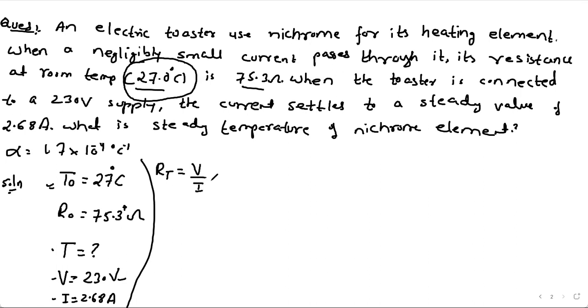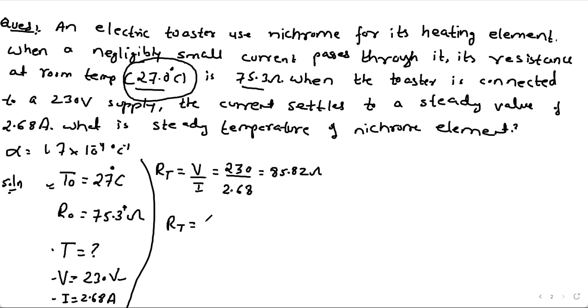V is 230, I is 2.68. So 230 divided by 2.68 is around 85.8, this is 85.82 ohm.